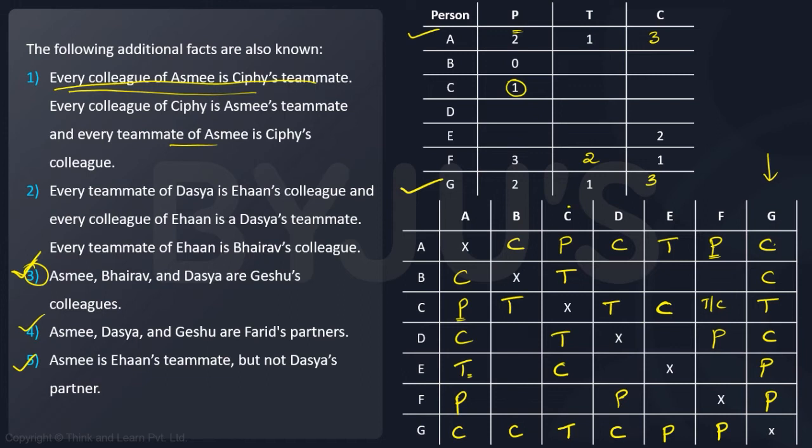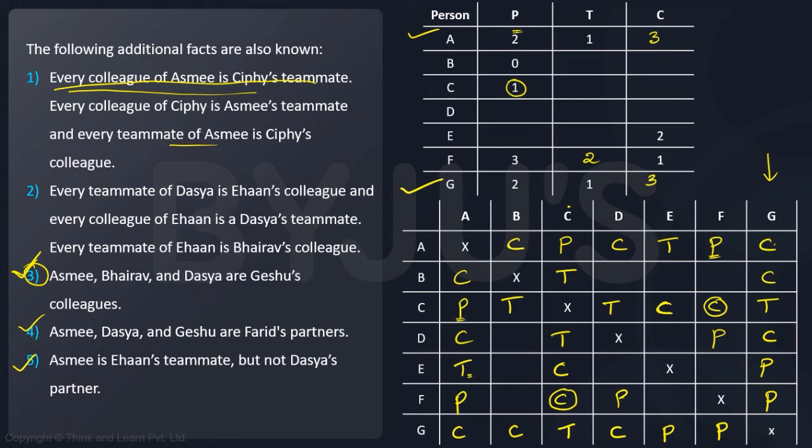Let me start with one of them. Let me start with a C and see what happens. So if I take this as C, I'll put a circle so that I know that I can erase it if it is a mistake. So I'll write a C here. Now according to this, every colleague of C is Asmi's teammate.